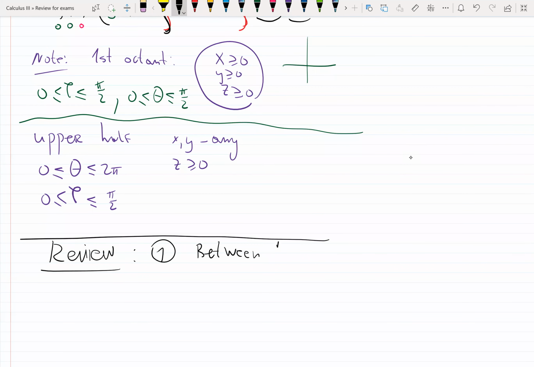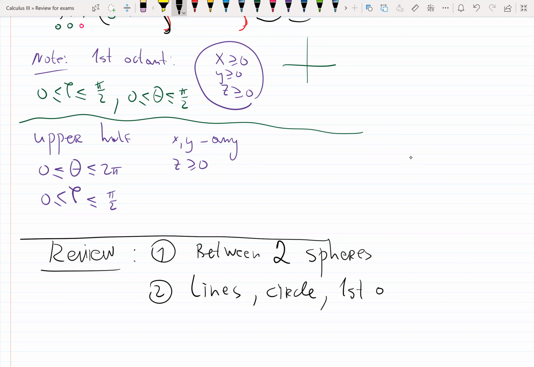Between two spheres. Then there were lines and first quadrant in a circle, those kind of things, bounded by lines and the circle, and there's also the first quadrant. Those things, I saw them in your homework, so review all those restrictions.